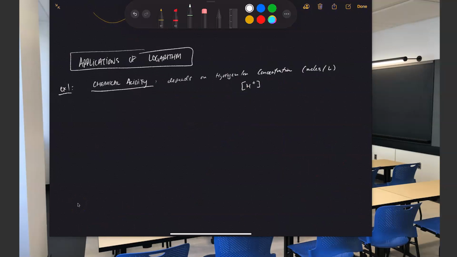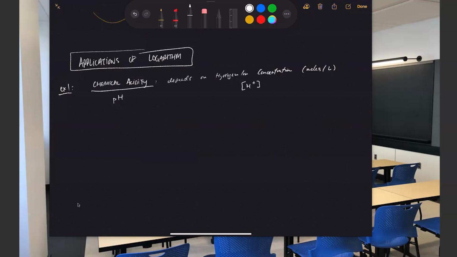So we'll first look at chemical acidity. Those of us, myself included, with very limited knowledge of chemistry, just a quick review: we measure acidity by using something called pH. It's an index to tell us how acidic something is, so we can compare water to battery acid to soap to different things.